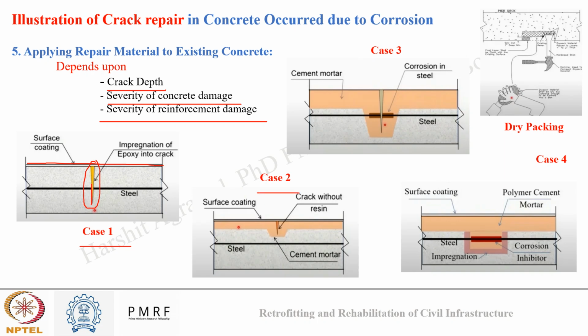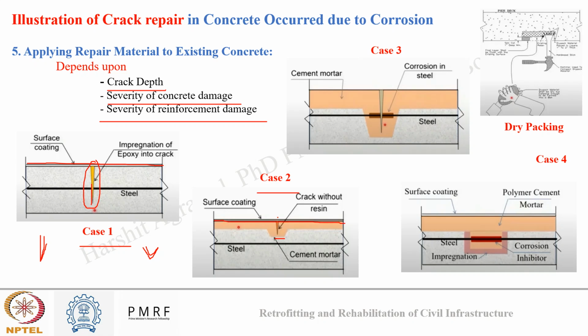Second case can be when my crack is a little wide. Here my crack was very shallow. Here my crack is very wide, but it is only near the surface. In such cases, it's better to chip off the cover concrete till below the crack, fill cement mortar or a polymer overlay or epoxy overlay on the surface, and later apply the surface coating.